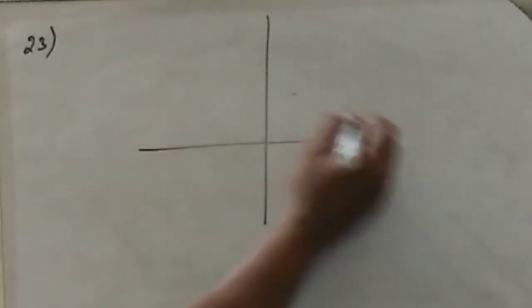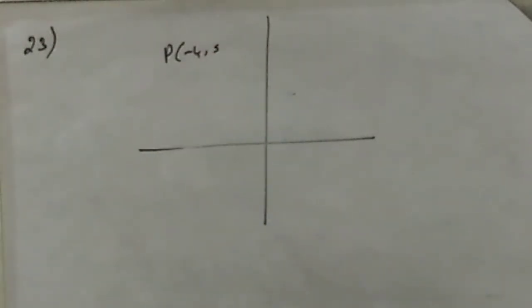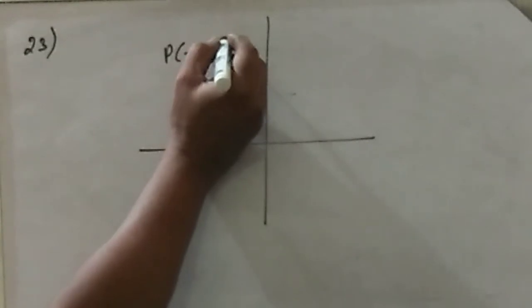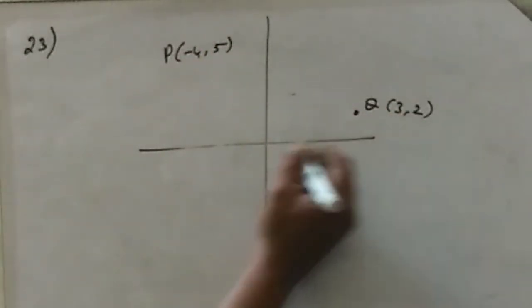Question number 23. It is given the line joining P (-4, 5) and Q (3, 2) intersects the y-axis. Okay. This is P (-4, 5) and Q (3, 2).